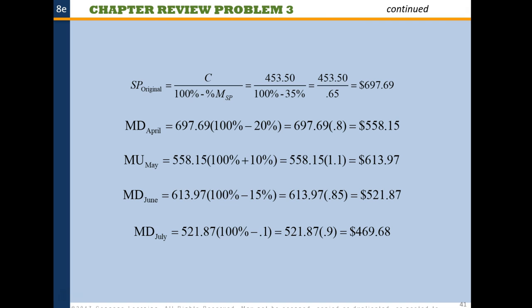The markdown in April was $558.15. The markup in May was up to $613.97. The markdown in June took it down to $521.87. And then the final markdown in July was down to $469.68 for the golf clubs.